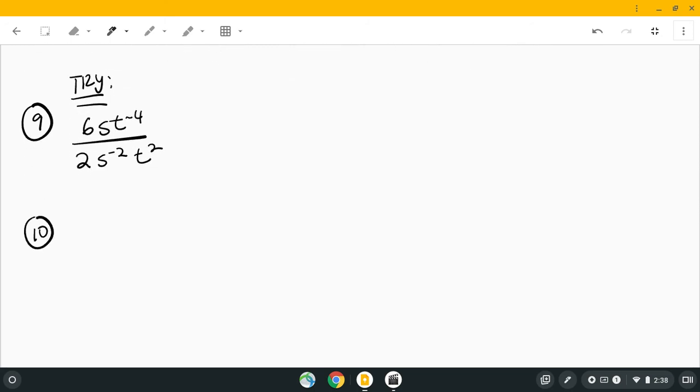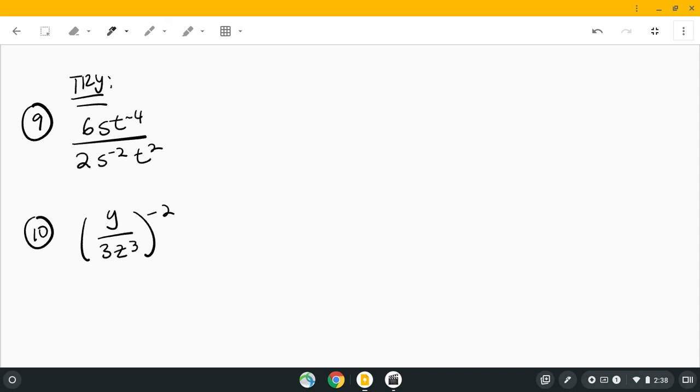And this one: y over 3z cubed, all raised to the negative 2 power. Okay? All right, so different ways to do these. Hit the pause button, give it a try, and then come back.